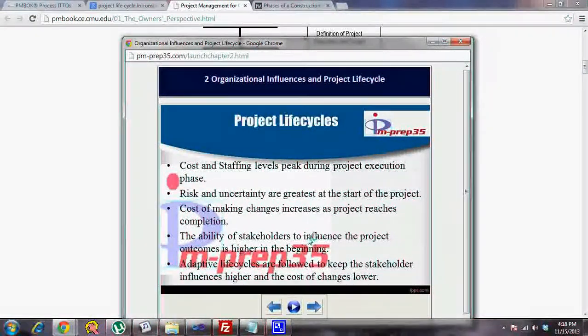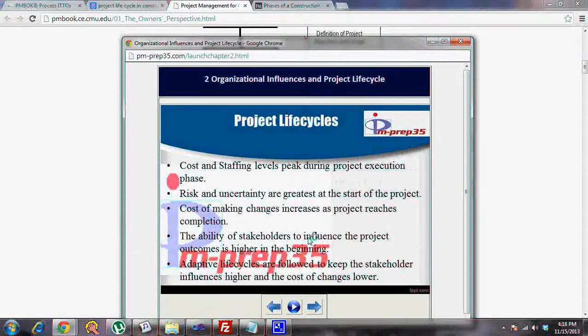Cost of making changes increases as the project reaches completion. Initially, when you're gathering requirements, it's easy to factor everything into your requirement document. But once you know your requirement, you have procured the needed resources and you have done all the work, and when your project gets into the execution phase and it's about to be delivered tomorrow, and today the client wants a change on the requirements, it's really tough because you have to revisit everything in terms of getting the necessary resources, looking at the cost, revisiting all the constraints, objectives.